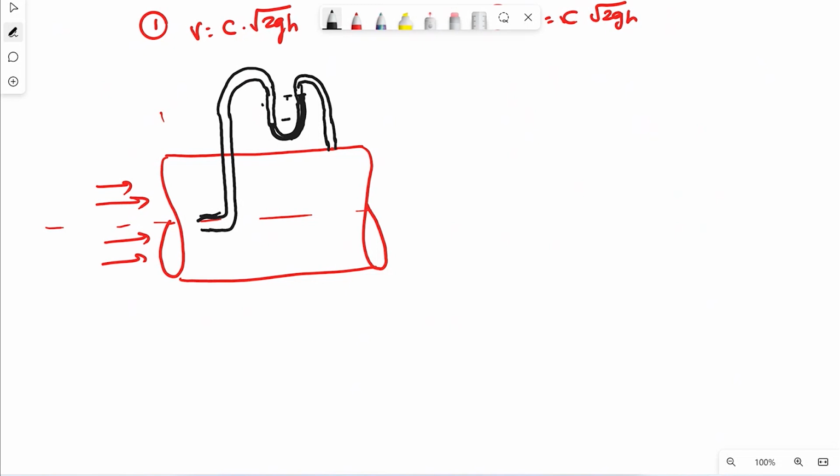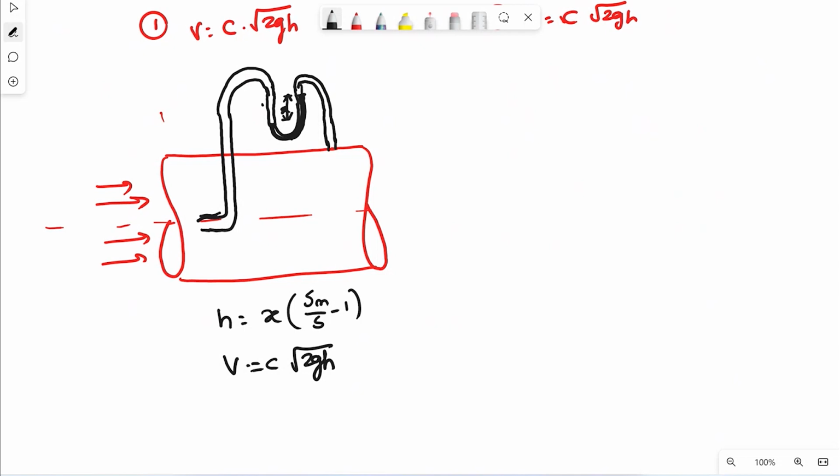I measure what this x is. Once x is measured, h is equal to x into Sm by S minus 1. Calculate h, and V is equal to C root 2gh. This is the third one, using a differential manometer.